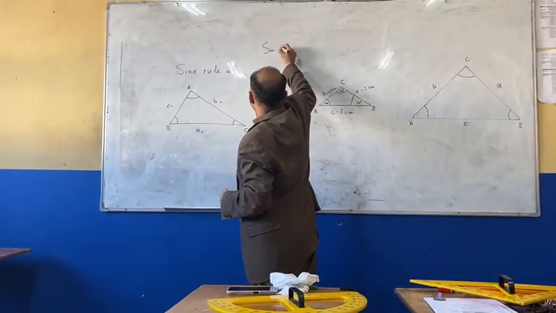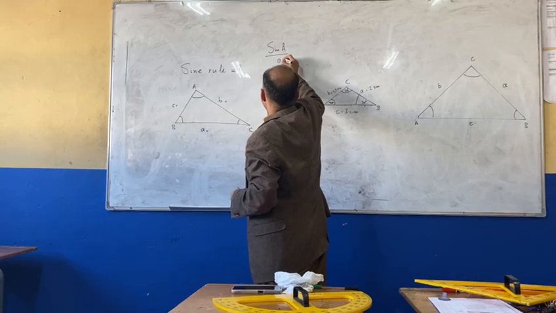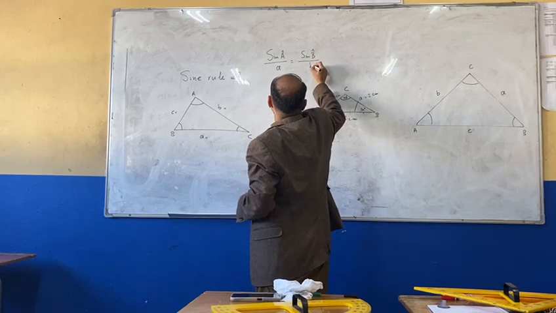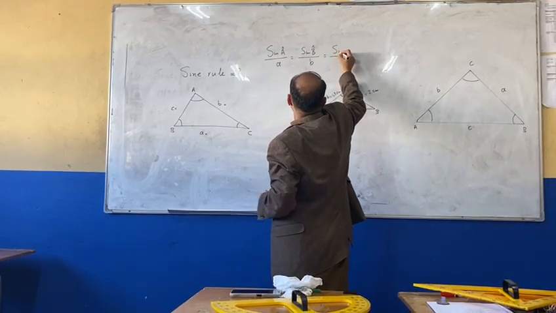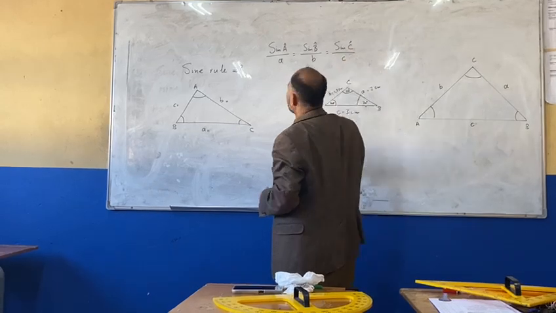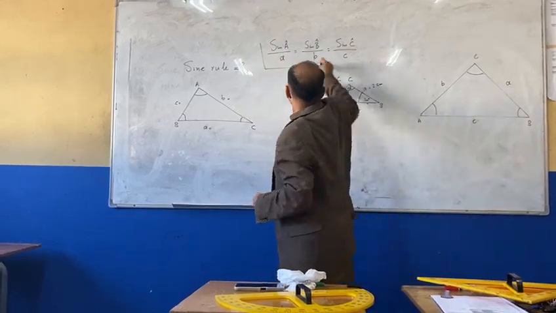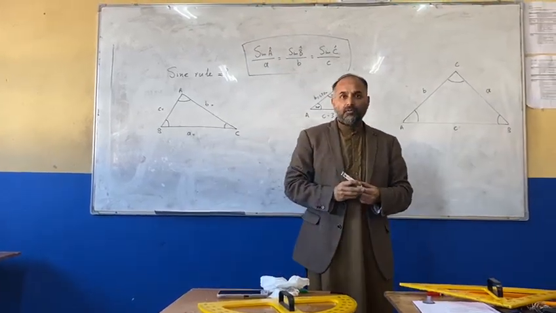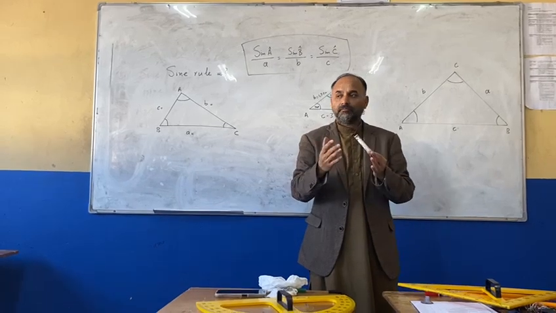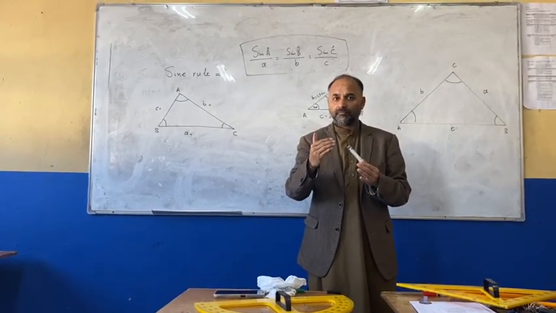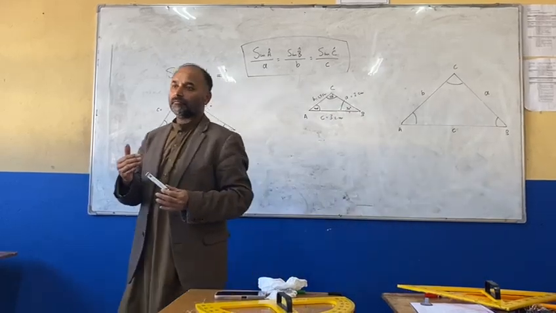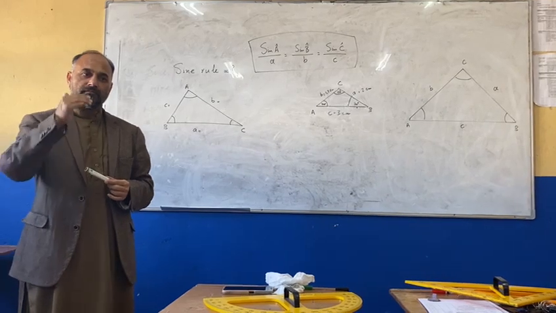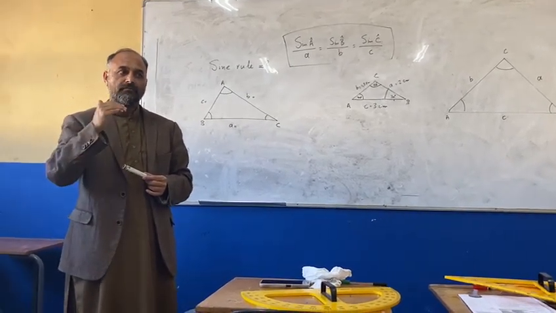Our sine rule is sine A divided by small a is equal to sine B divided by small b is equal to sine C divided by small c.